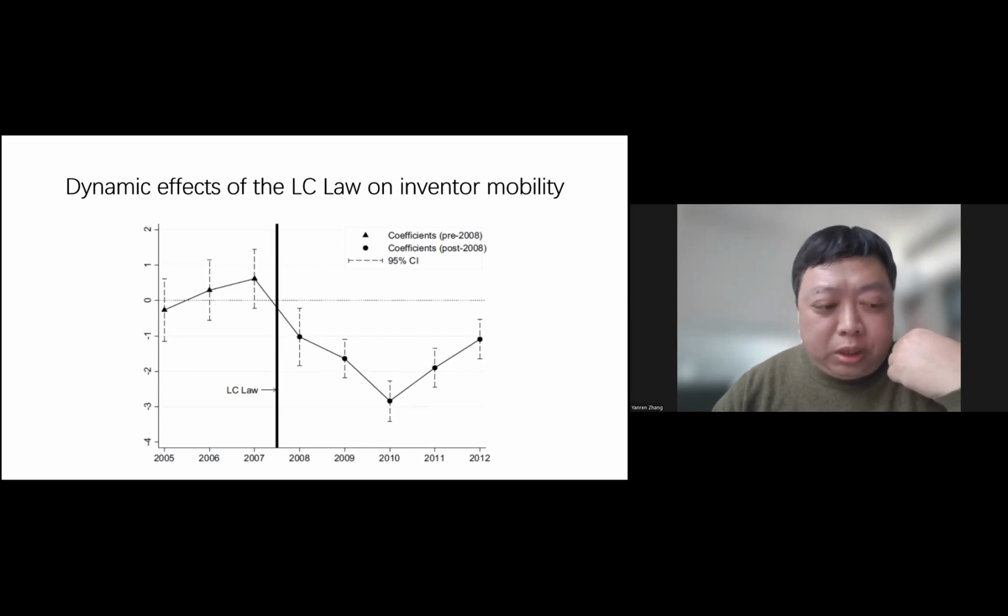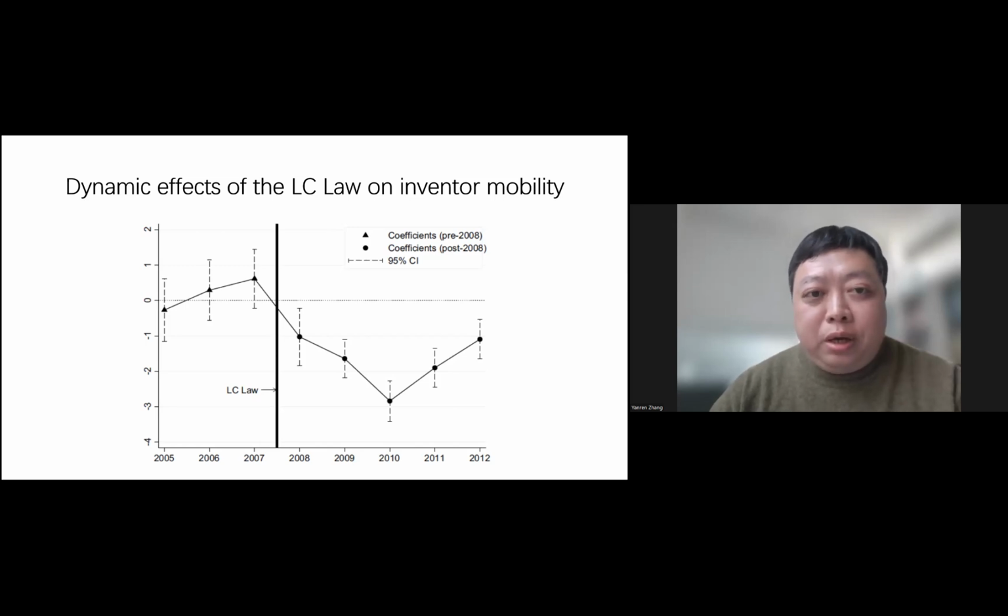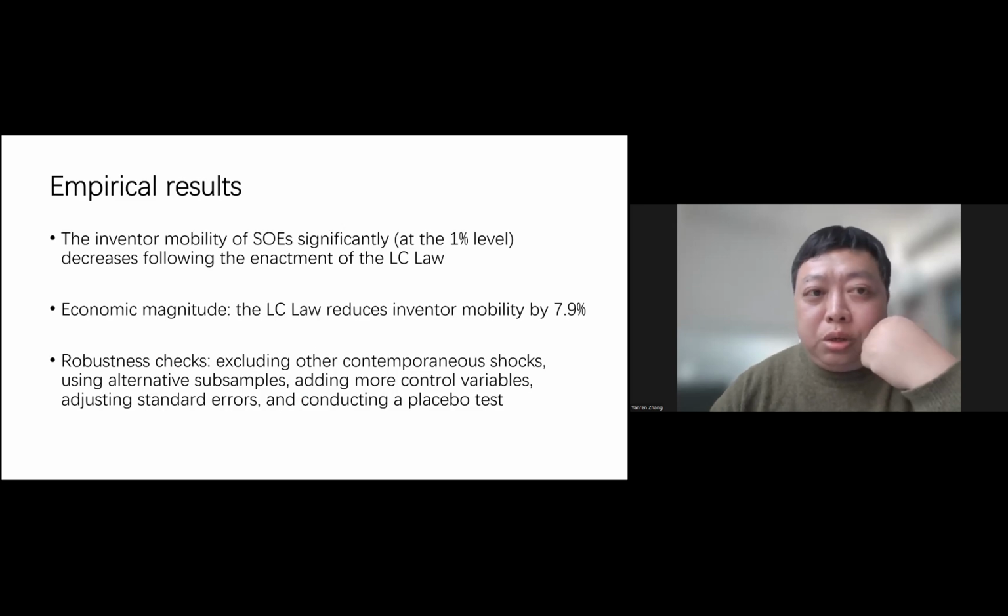This figure shows the change in the difference in the rate of inventor mobility between the two types of firms. Before 2008, there was no big difference between state-owned enterprises and non-state-owned enterprises. But after 2008, a big difference appeared between these two types of firms. Our baseline results show that the introduction of the labor contract law reduced the chance of inventors moving between firms by 7.8%.